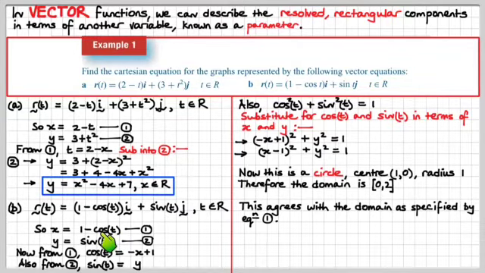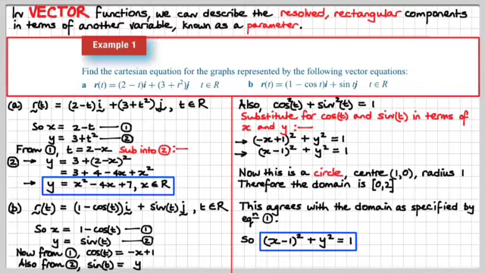Minus 1 at the lowest point of its travel in a vertical axis sense, and plus 1 being the highest point of its travel. 1 minus negative 1 is 2, and 1 minus plus 1 is 0. So that makes complete sense in terms of its domain, right? Very good, isn't it? Therefore there you go, and that's the answer.